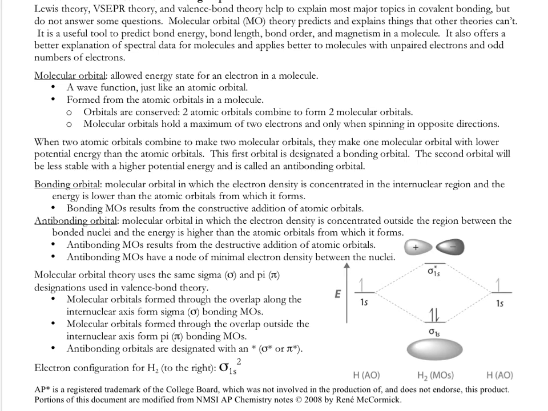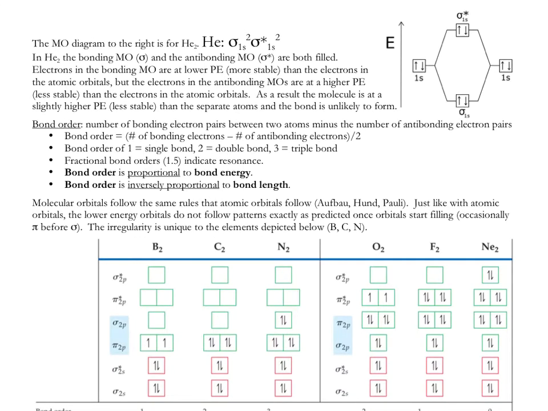The bonding orbitals are always lower in energy than the atomic orbitals from which they form. This is where the idea of the additional stability comes from. This arrangement of electrons is more stable than the electrons being in the separate atoms. And as we look at other bonding combinations, we can understand why things bond and why things don't by looking at that relative stability.